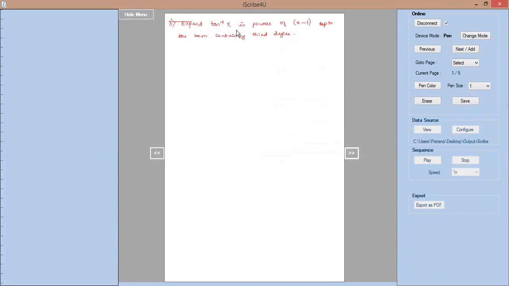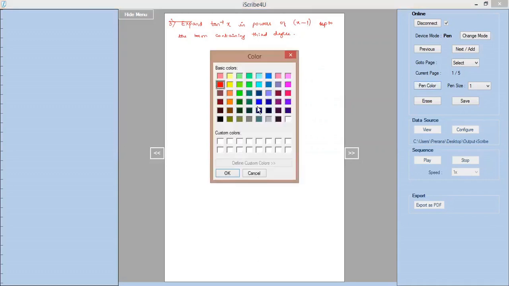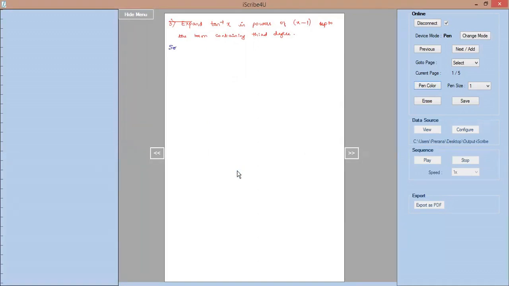So you have to obtain the Taylor series expansion of tan inverse x about the point x is equal to A equal to 1. So it is indirectly mentioned, the point A here. So we have to obtain until the third degree term. Until the third degree term, we need to obtain the Taylor series expansion. So let us see the solution now.